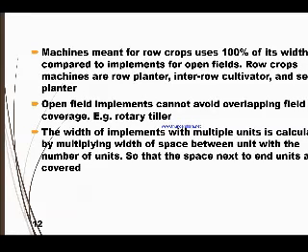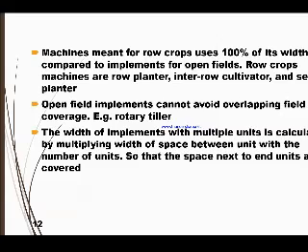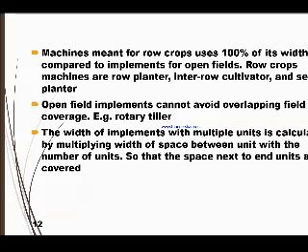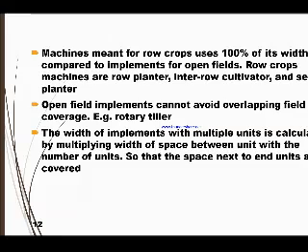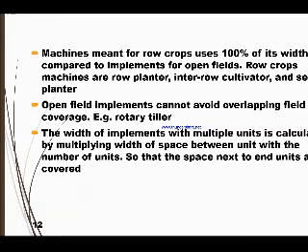However, the feeding rate will be a bit slower, not too fast, in order to cater to the process in the combine harvester. For row crop line preparation or field operation, it will be less in terms of the usage of the width. Open field implements cannot avoid overlapping, for example the rotary tiller, so some of the operation might have some overlap.